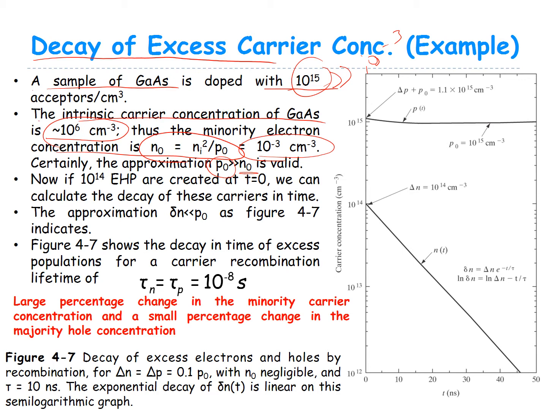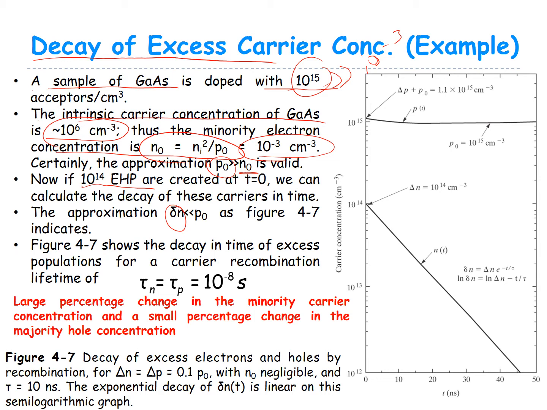Now, if 10 to the 14 electron-hole pairs are created at t equals 0, we can calculate the decay of these carriers in time. So the approximation that delta n should be much less than p naught is also satisfied because there's an order of magnitude difference.